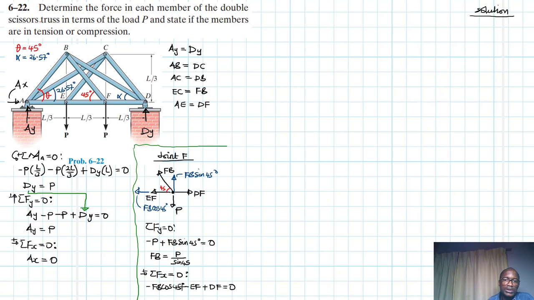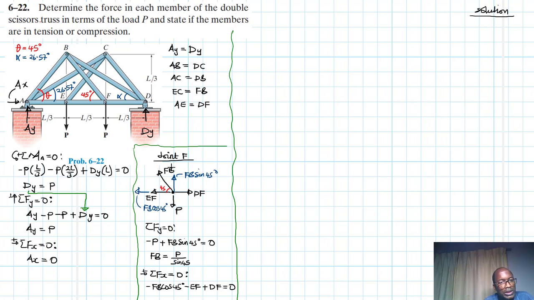So we'll work out this equation later on once we find what DF is, and we'll find DF by just finding AE. So let me close the gap there, like so.